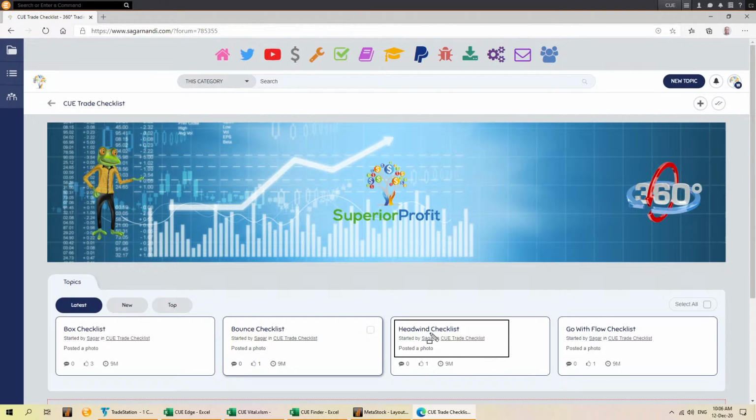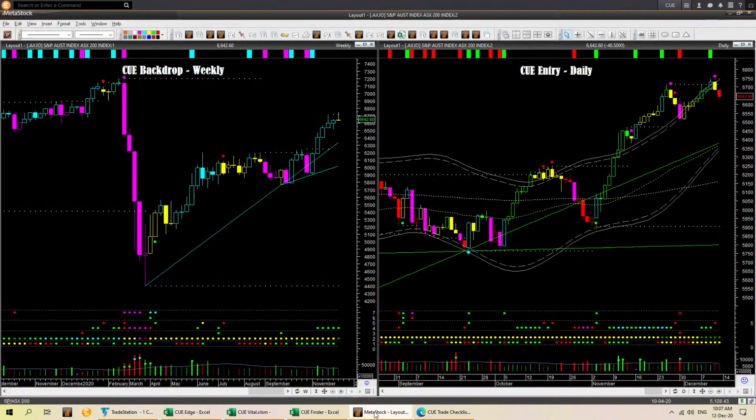When the headwind signal comes, you may check the checklist to see if all the conditions are met. And if all the conditions are met, then you may take a headwind short setup, and those conditions were met on Thursday. It was a headwind short setup, and it was also a possible box short setup.